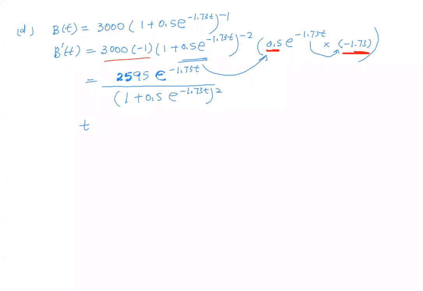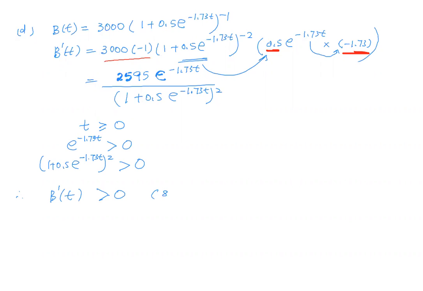So B prime t will always be positive. E to the power of negative 1.73t is greater than 0, and 1 plus 0.5 e to the power negative 1.73t, the whole thing squared, is also greater than 0. So therefore B prime t is greater than 0.